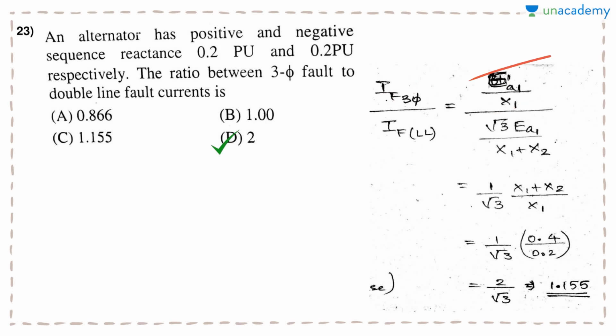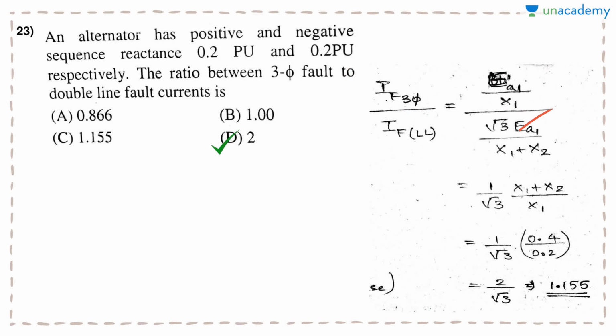Now the line to line fault current is root 3 times EA divided by X1 plus X2. There is no ground component, therefore there is no X0 also. Even though X0 is mentioned, we don't even have the value of X0 in the data. So line to line fault current is this formula, and three-phase fault current is E by X1. Now the EA gets cancelled.